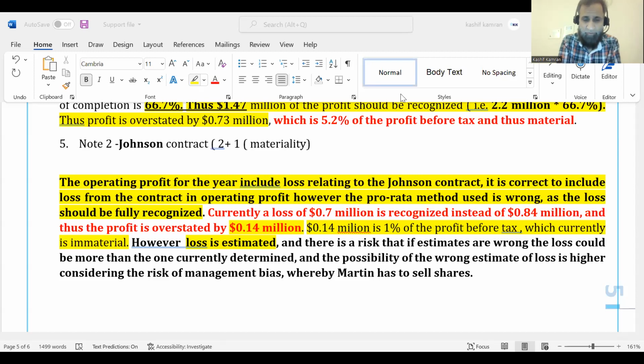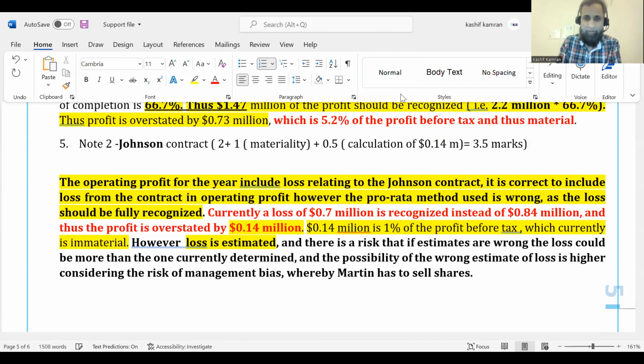So will I get extra marks for that? 0.5 marks for the calculation of $0.14 million. So my marking scheme is going up to 3.5 marks.